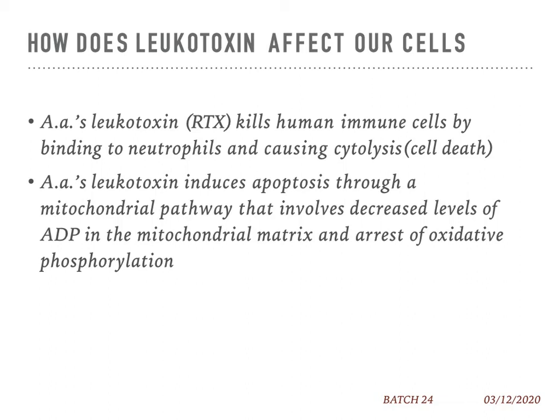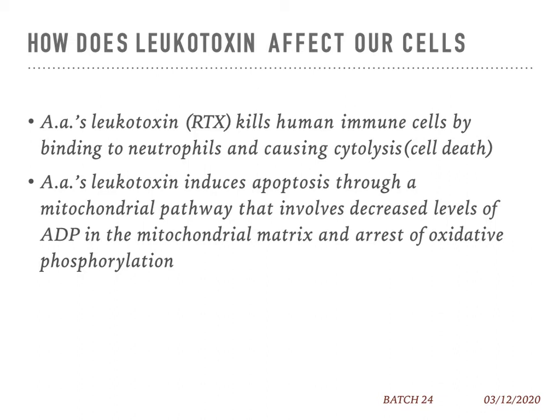How this leukotoxin affects the cell is that the leukotoxin kills the human immune cells, your neutrophils, by apoptosis. Apoptosis is otherwise called the natural form of cell death. After the cell survives for a period of time, it goes to a stage of apoptosis and dies by itself, where it clears off.